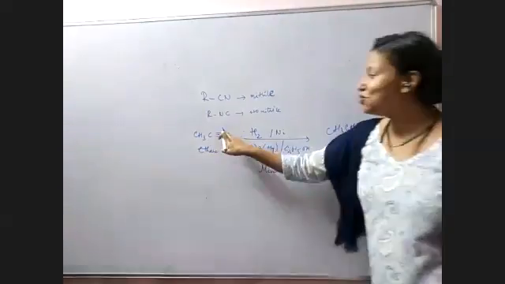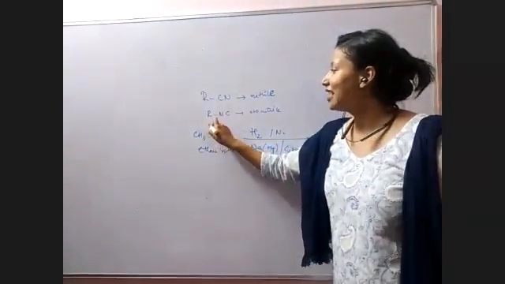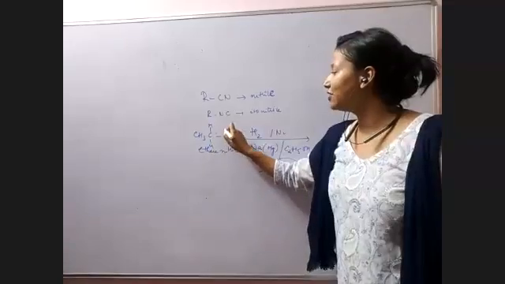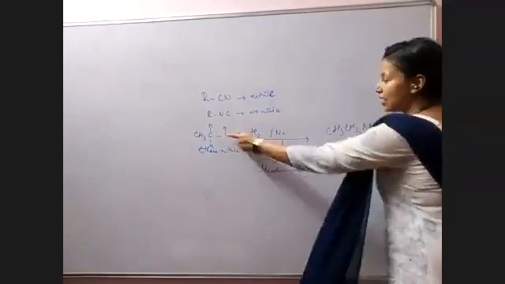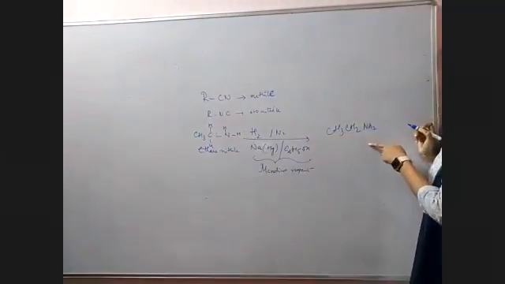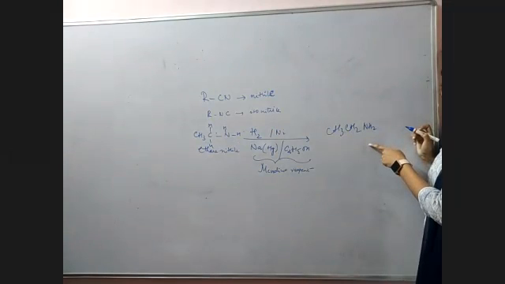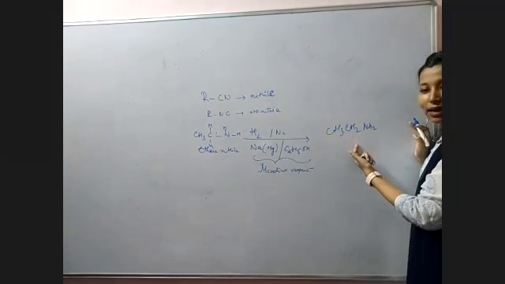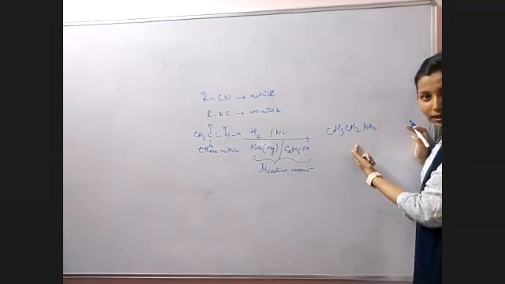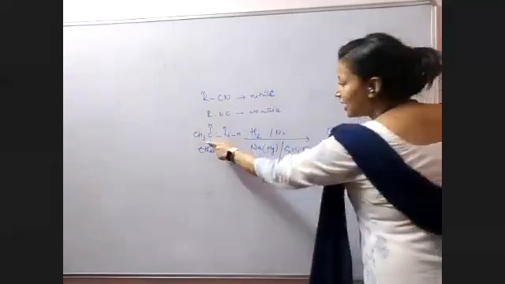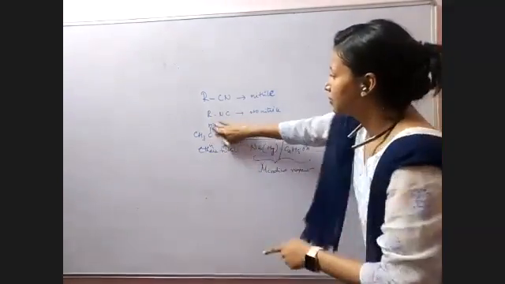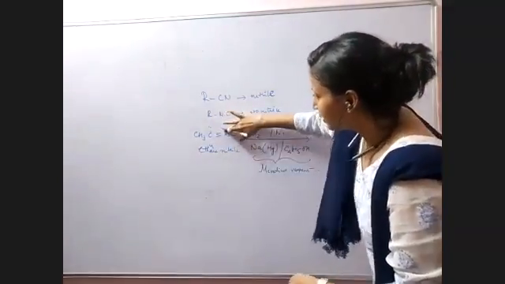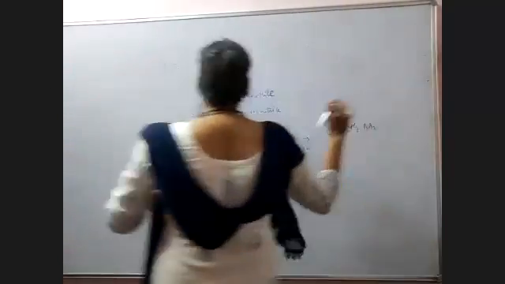We are simply removing the double bonds and adding hydrogen, hydrogen, hydrogen, hydrogen. Is that understood? So I am again getting a primary amine. Clear? So my nitrile has changed to amine. All right. This is simple.